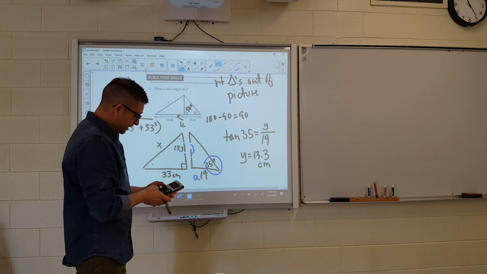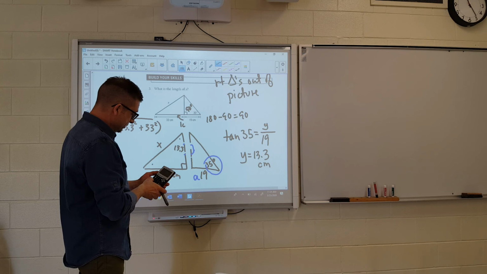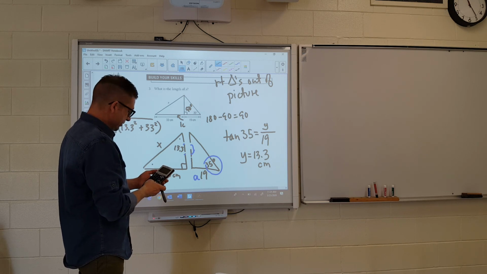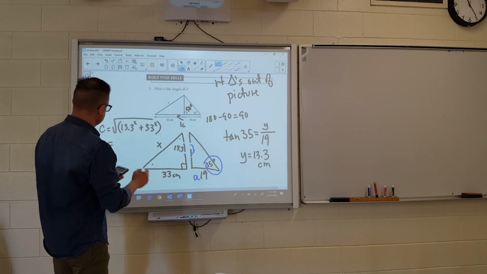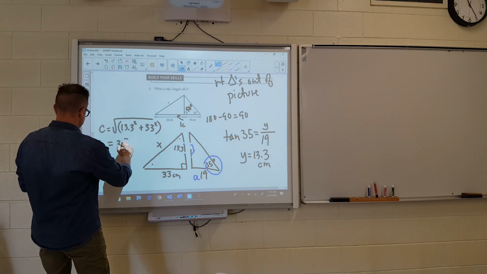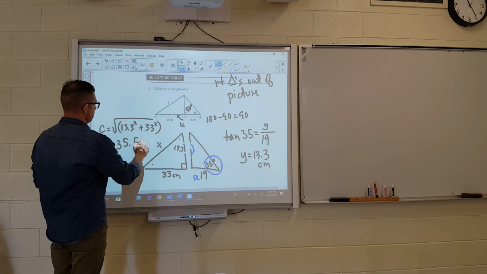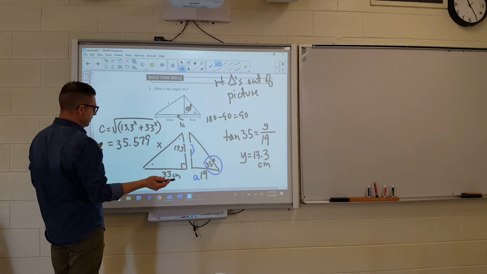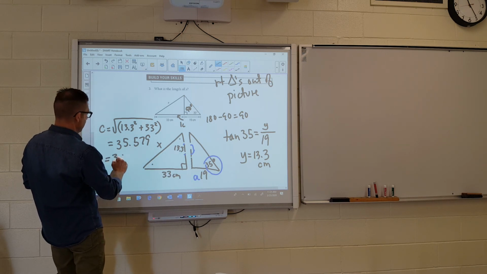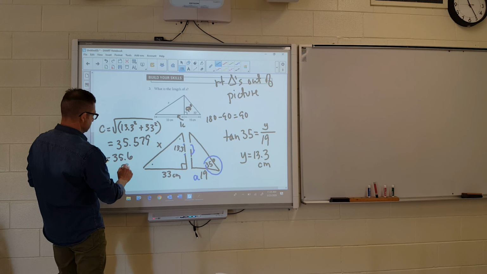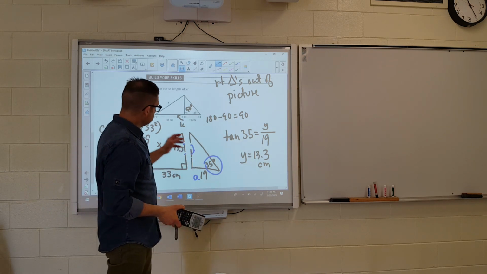So I'll go second square root, 13.3 squared plus 33 squared bracket, enter, and I'm getting 35.579. So I'm going to just round to one decimal because that one's one. I think that's fine. So that equals 35.6 centimeters. So I solved it.